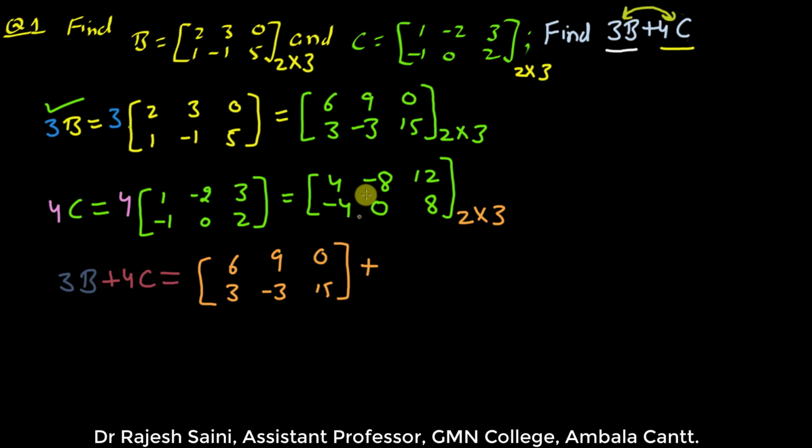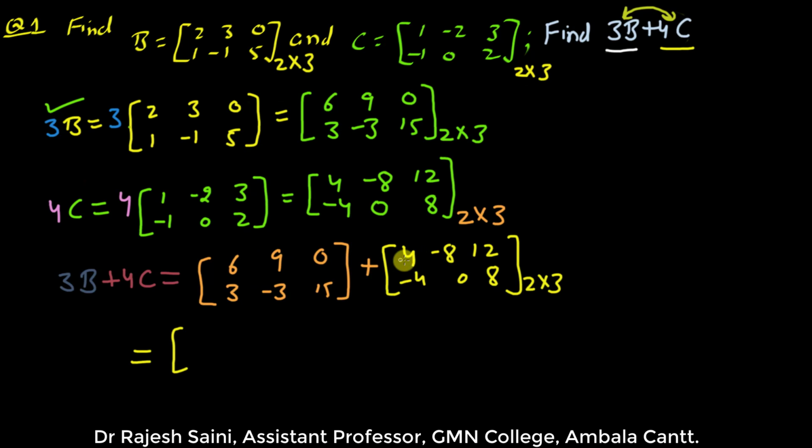Next 4C is this matrix: 4, minus 8, 12, minus 4, 0, 8. Done. This is again of 2 by 3 order. Now we have to add up these two matrices, and we know matrix addition is done element wise. So I will do it.